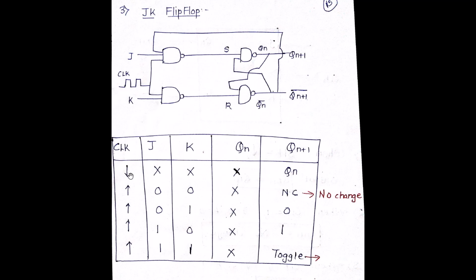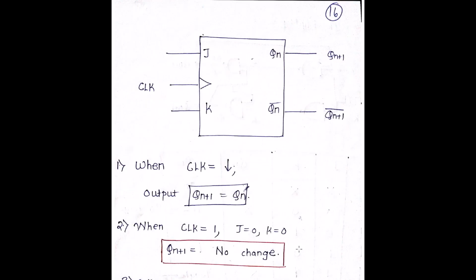So if the clock is low and J and K are don't care, then my output remains the same as the previous state output. However, if my clock is high, then for different values of input 0 0, 0 1, 1 0, 1 1, my output will be no change, 0, 1 and toggle condition. I hope I am very clear with this.